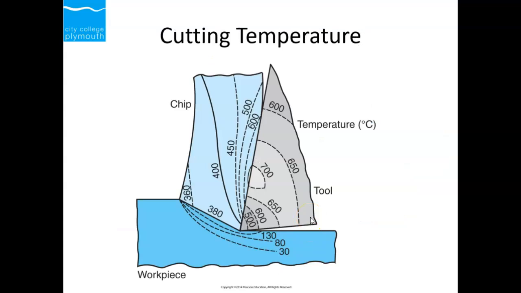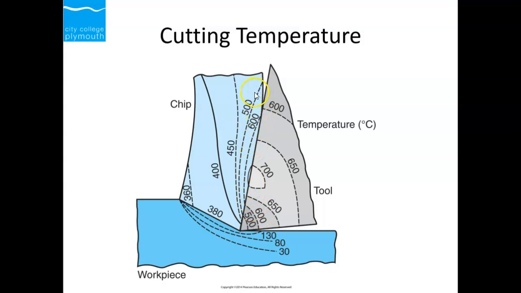Now, this also changes the temperature. So this is the tool, the gray one. This gives you a temperature gradient at different locations. The surface in the middle has the highest temperature, 700, because not only is it cutting, but there is friction there as well. The workpiece has the maximum temperature.